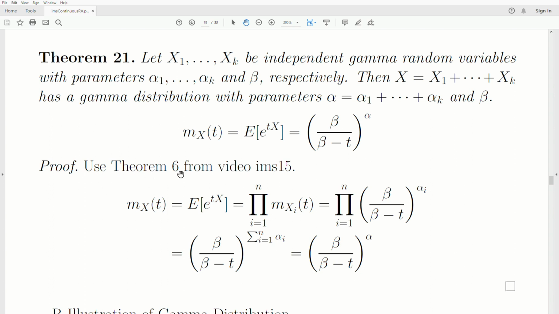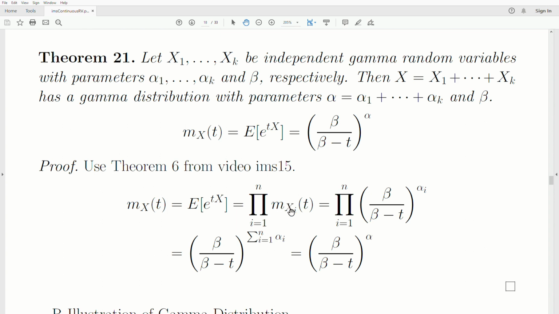We're going to use theorem 6 from video ims29. So that's the 15th video in the playlist Introduction to Mathematical Statistics, which is on moment generating functions. It says that when we take the expected value of e to the tx, but x is the sum of independent random variables, then it becomes the product of those moment generating functions.